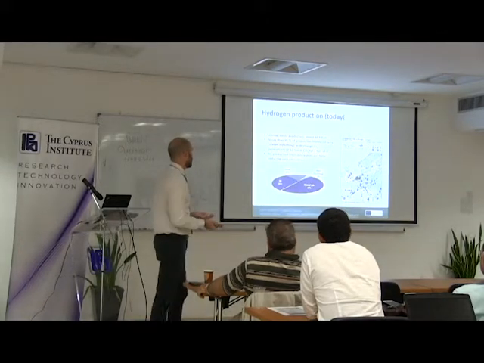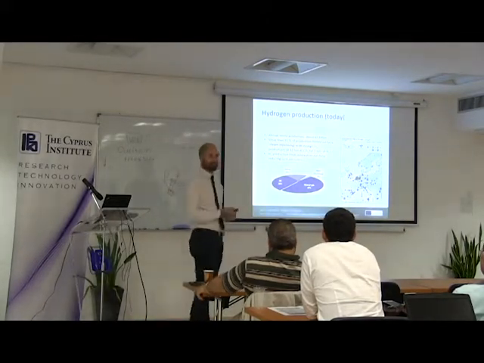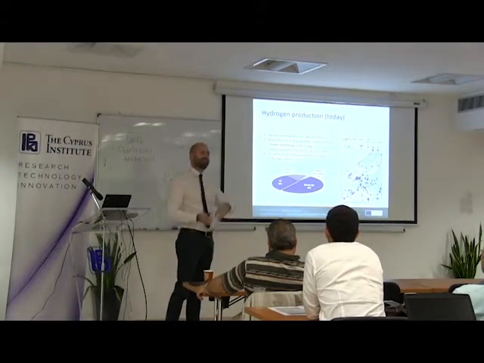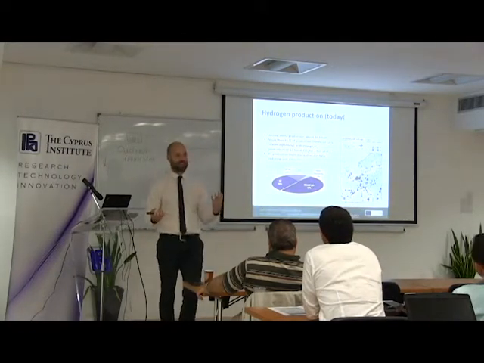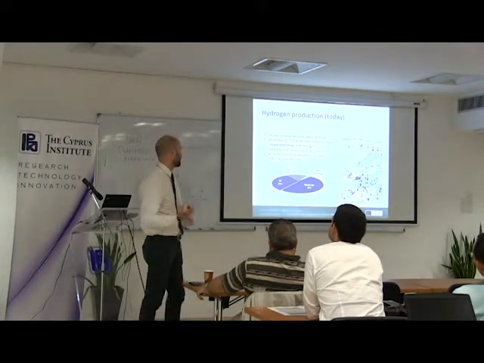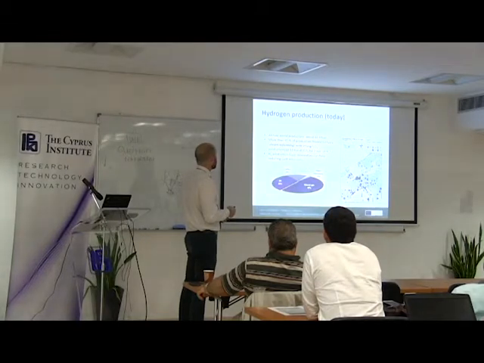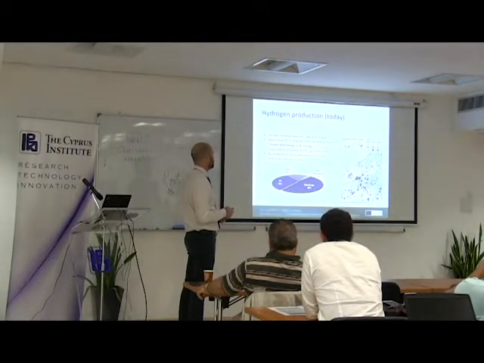We do it through so-called reforming processes, which basically extract the carbon atoms from the hydrocarbons, leaving only the hydrogen and taking away the carbon. And more than 95% of the production is from steam reforming.